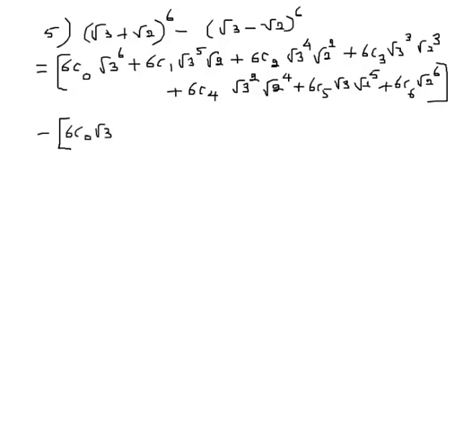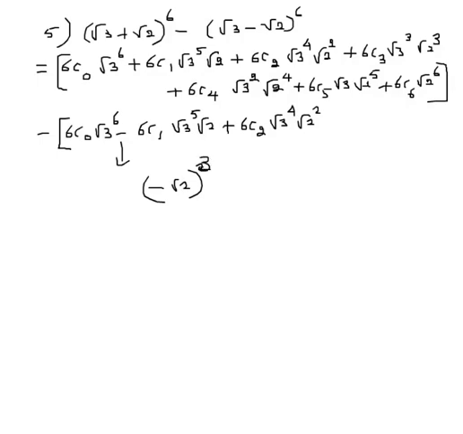First term positive. Second term negative because we have minus root 2. That negative sign comes here: root 3 power 5 root 2. The next term becomes minus root 2 the whole square, which becomes positive: 6C2 root 3 power 4 root 2 square. The third term will have minus root 2 the whole cube.